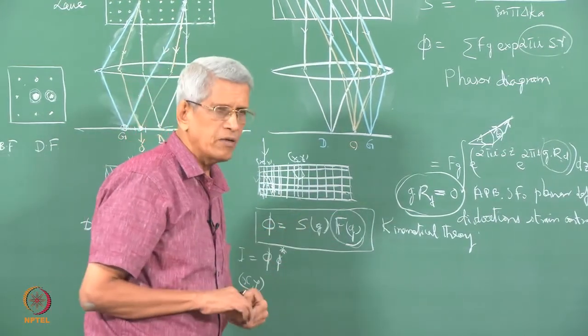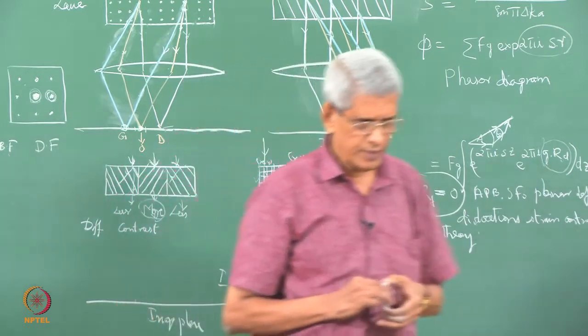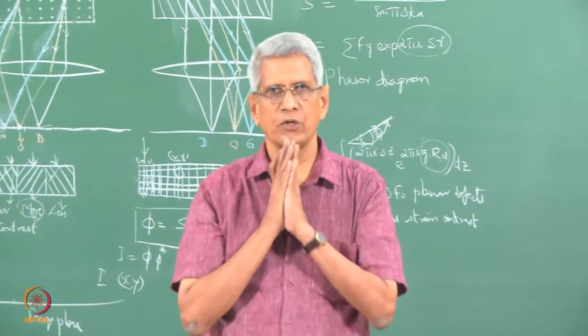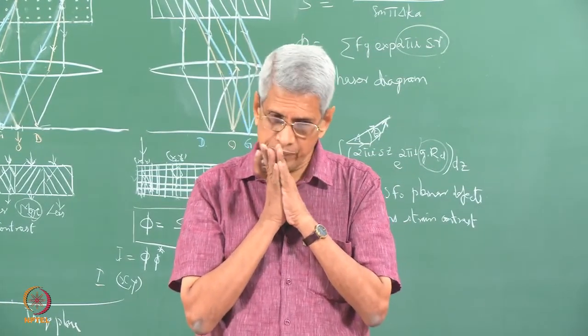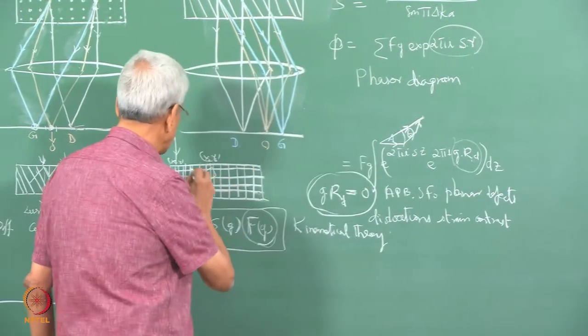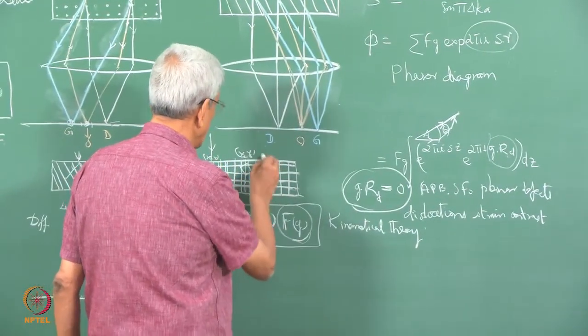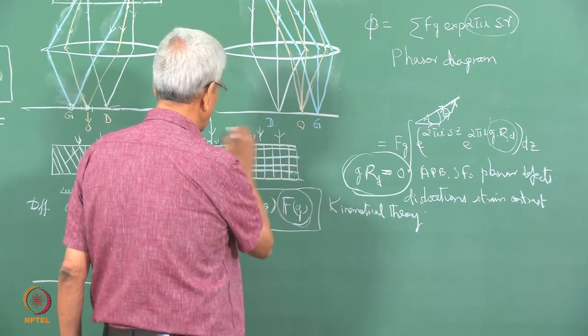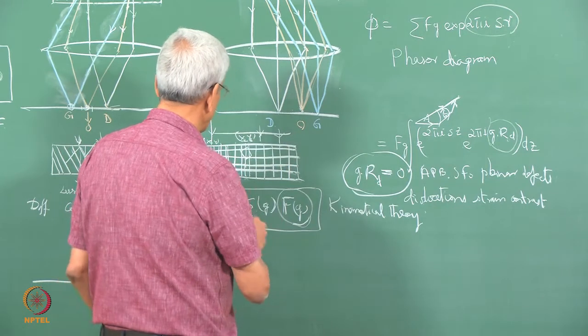In the dynamical theory, the sample itself is considered as a wave medium, and as the electron beam enters into the sample, we consider that electron beam as a plane wave.